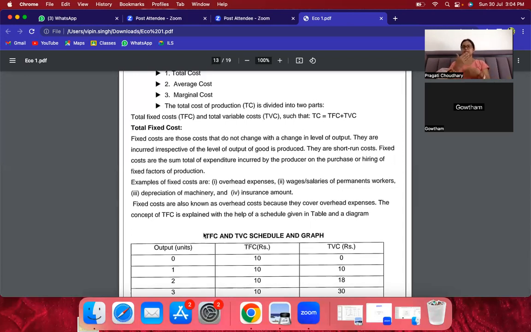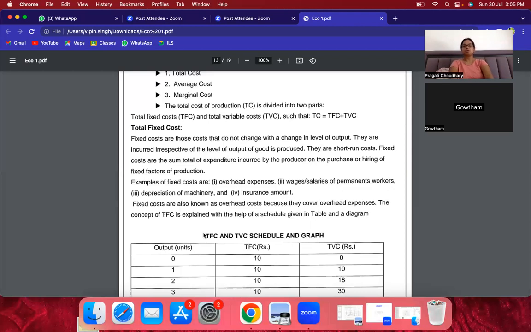If your machinery is being depreciated, you have to bear that cost. Insurance amount, obviously, you have insured your firm against fire, theft, and so on. You have to pay that insurance. That is a fixed cost which you have to bear. Fixed costs are also known as overhead costs because they cover overhead expenses.